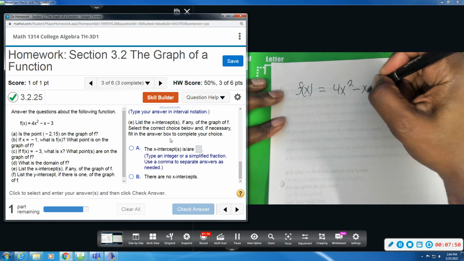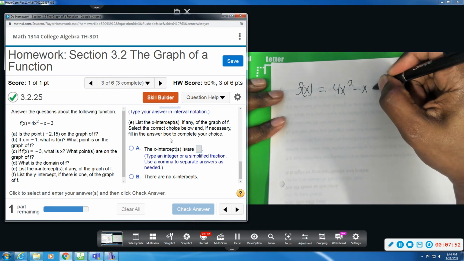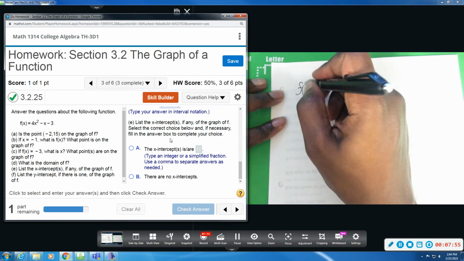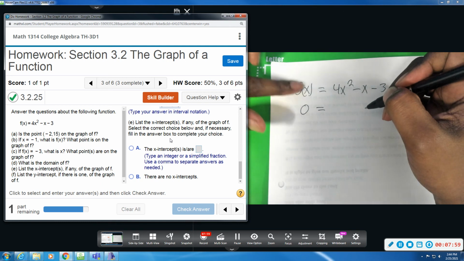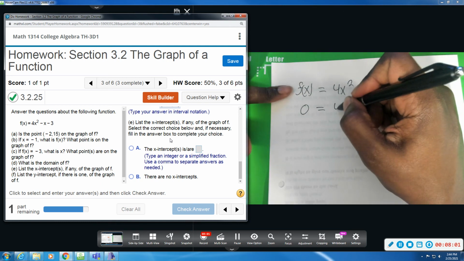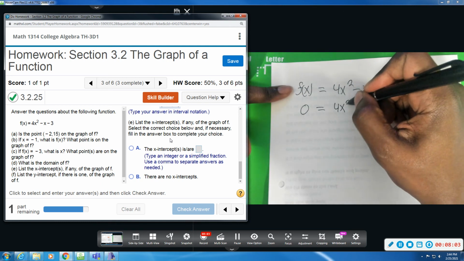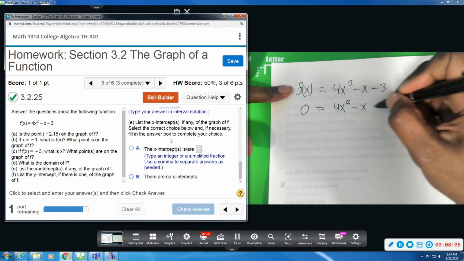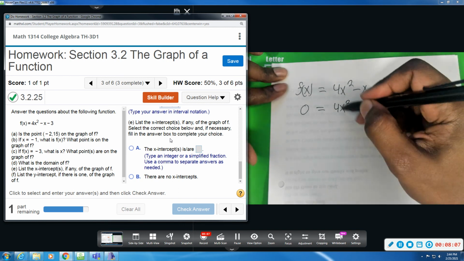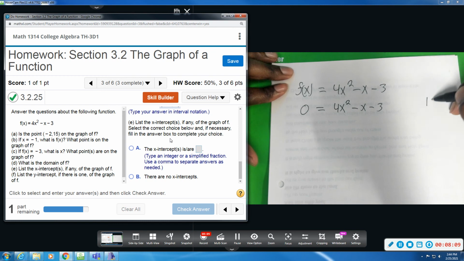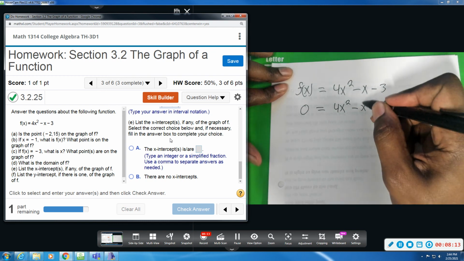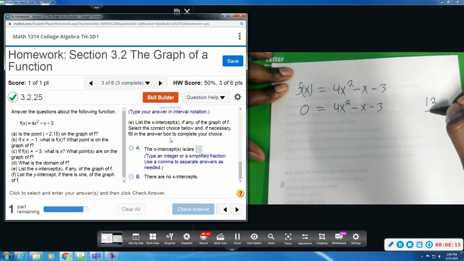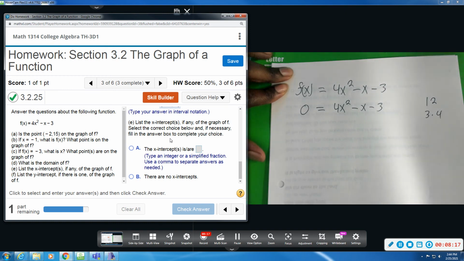So our equation 4x squared minus x minus 3, this was y equals, so we're setting the y value equal to 0, and then we're going to try to factor if possible. If not, we'll do quadratic formula. So we have to multiply the 4 and the 3, that will give us 12. Looking for factors of 12 that we subtract to get 1, and that will give us 3 times 4.